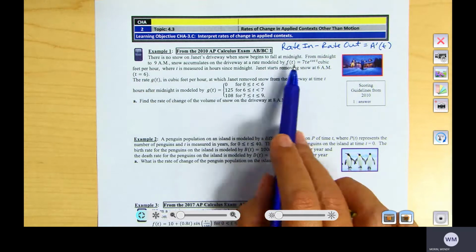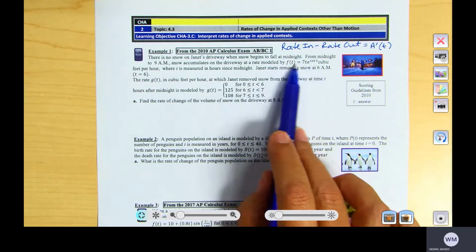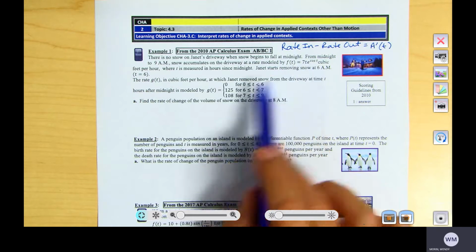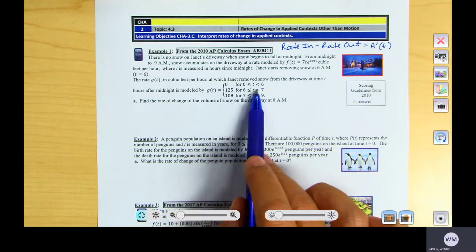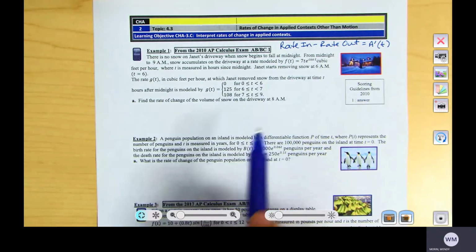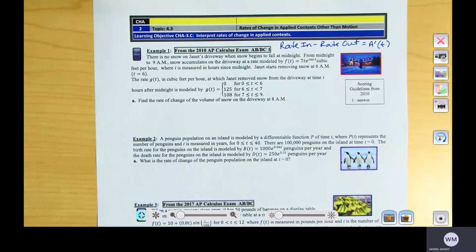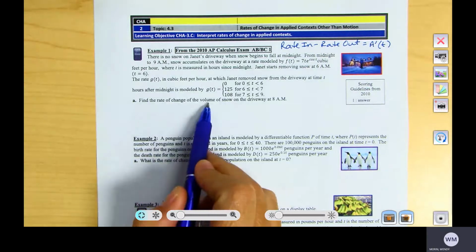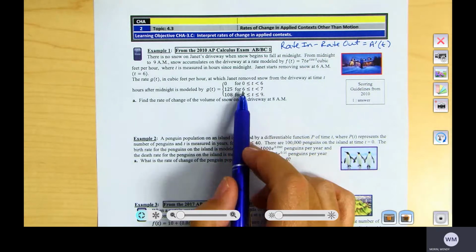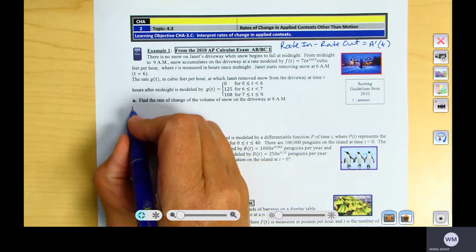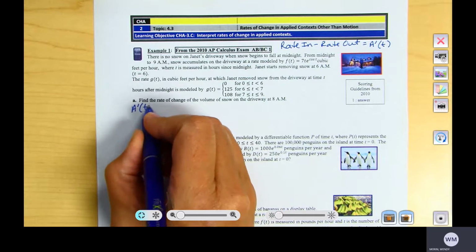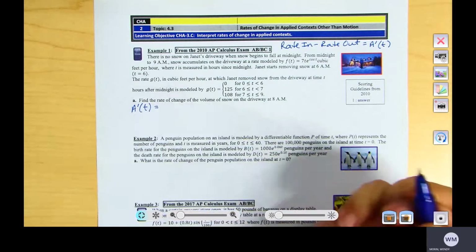So stop the video and type this into your calculator if you want to. These do not have to be typed. In this particular one, it's going to say, find the rate of change of the volume. Well, they give you the rate. They give you the rate on and they give you the rate off. First derivative, rate.